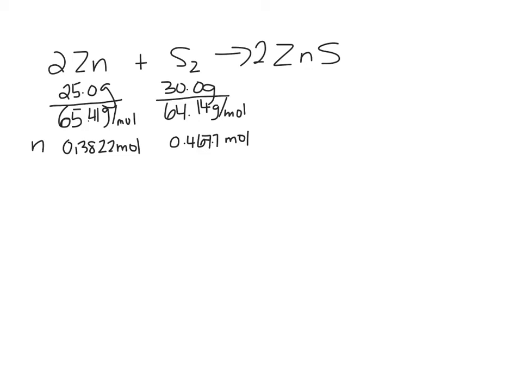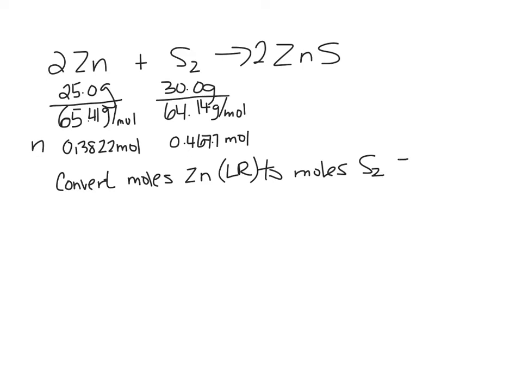Convert the moles of zinc to moles of sulfur. Convert moles of your limiting reagent to moles of sulfur to determine how much gets used up.